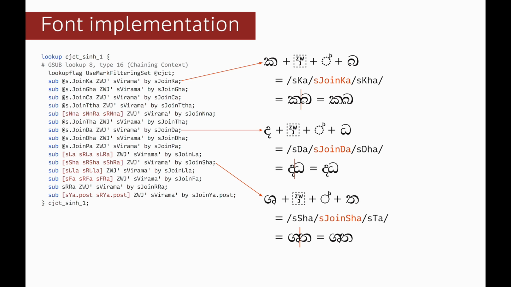The Sinhala font contains 15 zero-width invisible join glyphs that are contextually inserted into glyph runs, replacing the zero-width joiner plus Virama sequence. Which of these join glyphs is inserted is determined by the right side shape of the preceding letter. This allows me to kern the first and second letters to the invisible join glyph between them, based on their shapes, such that they touch in a legible, visually pleasing way.